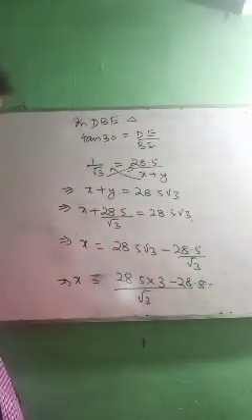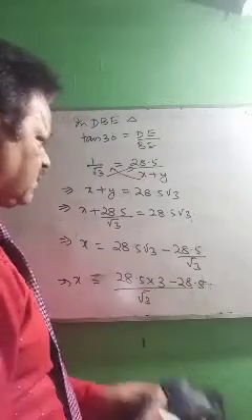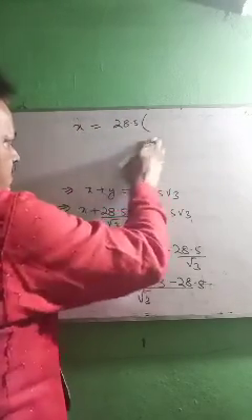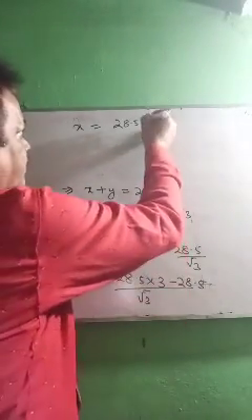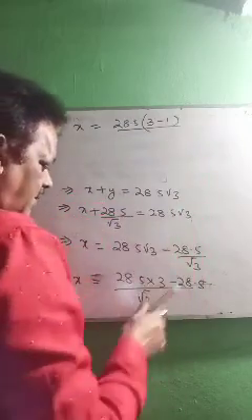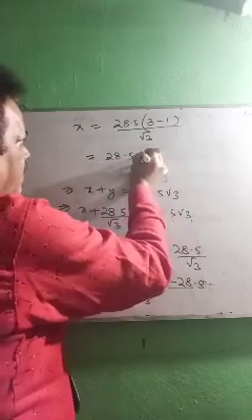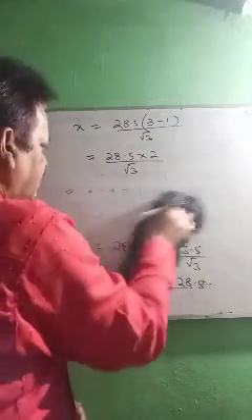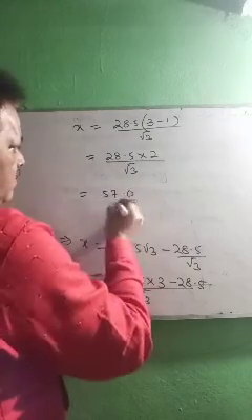Then simplification: don't multiply, take common here. So what is common? X equals 28.5 common, 3 minus 1, because you have taken common here, divided by root 3. So that is 28.5 into 2 by root 3. 28.5 into 2 is 57.0, so 57 by root 3.